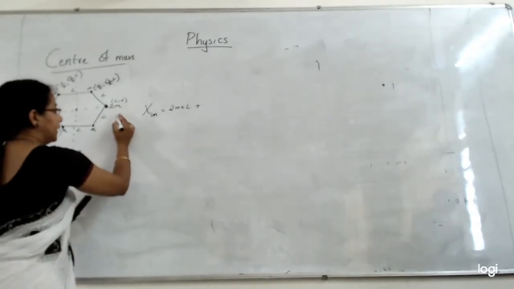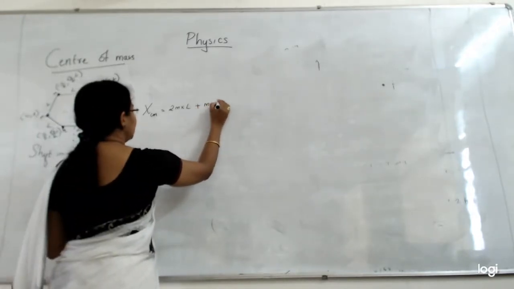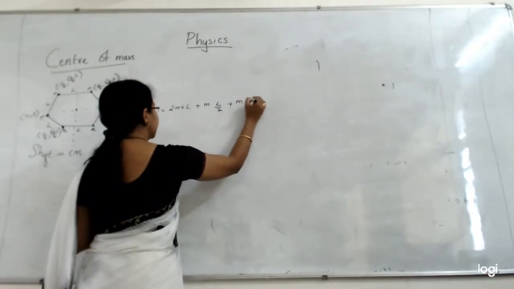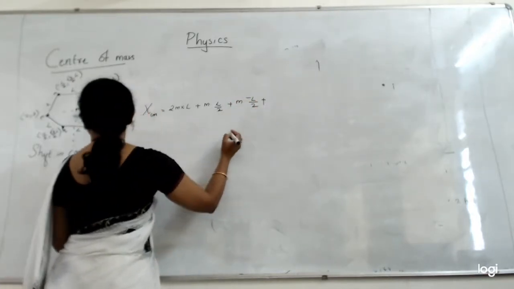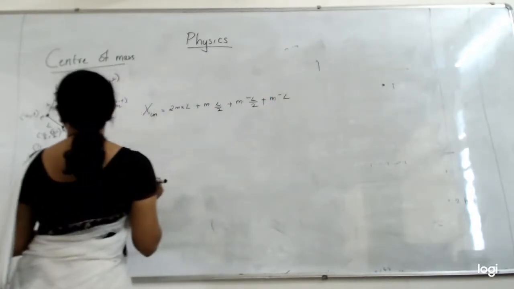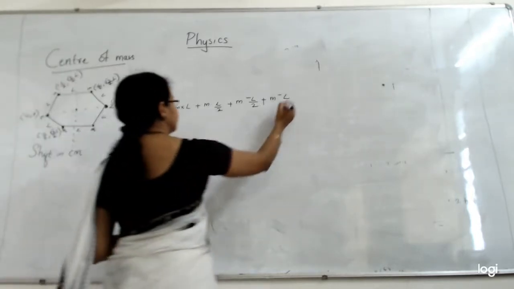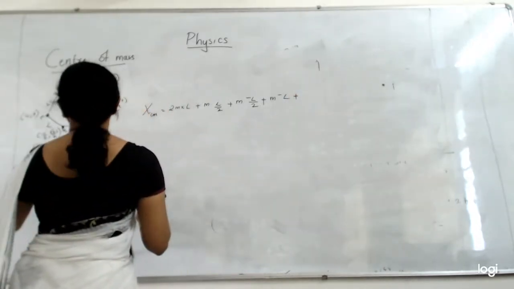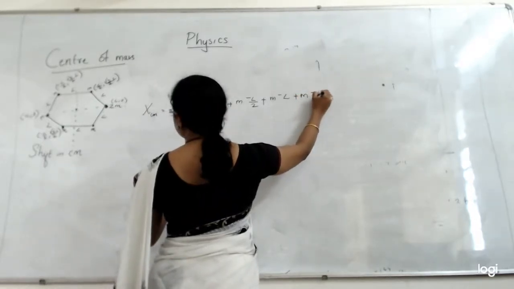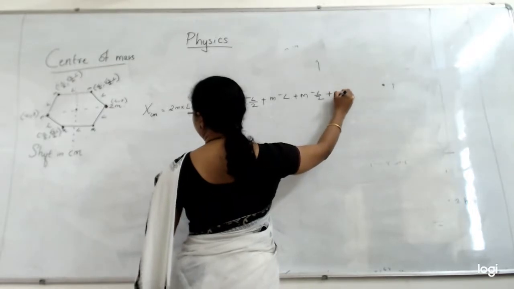HCM, I am calculating: 2m into L plus m into L by 2 plus m into minus L by 2 plus m into minus L plus m into minus L by 2 plus one more term, m into L.